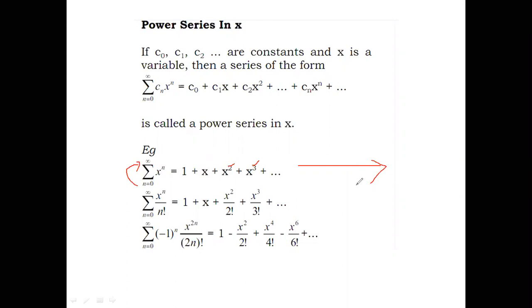The power of some term in the bracket goes on increasing, and it may be multiplied by a constant, and sometimes divided by certain factorials which also go on increasing, right?